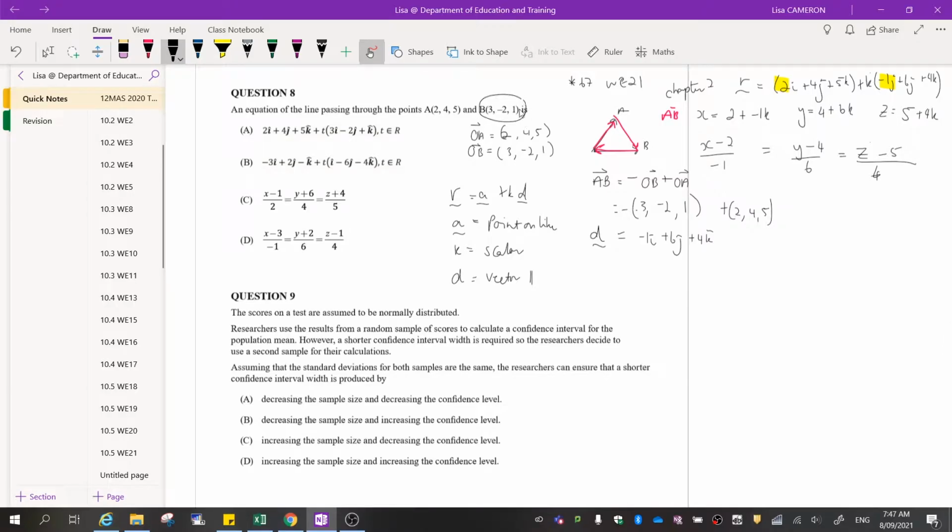So we're going to try the other coordinate. I'm going to substitute B in as our a, because I only need to use one of the points on the line. It shouldn't matter which one.